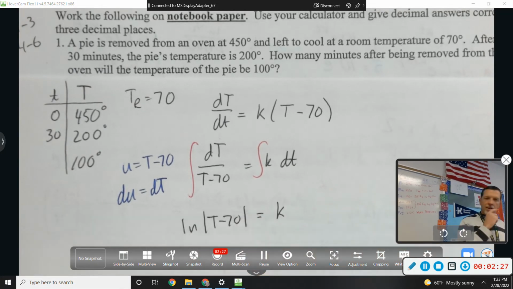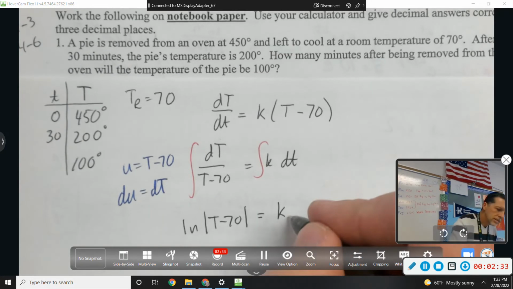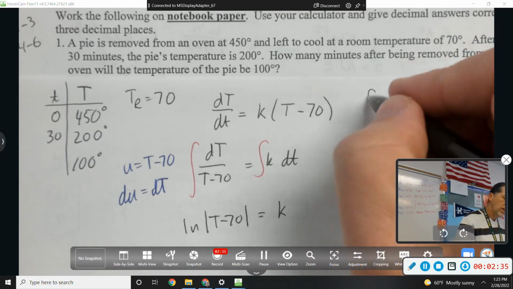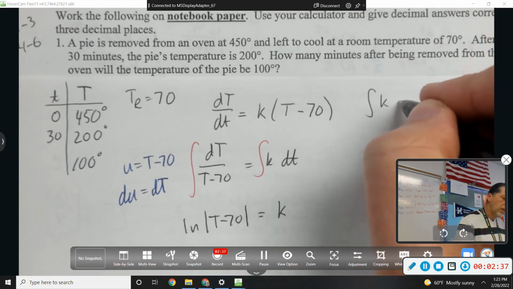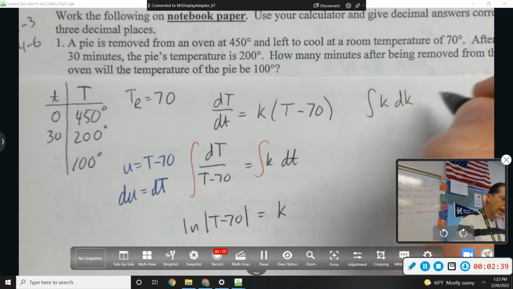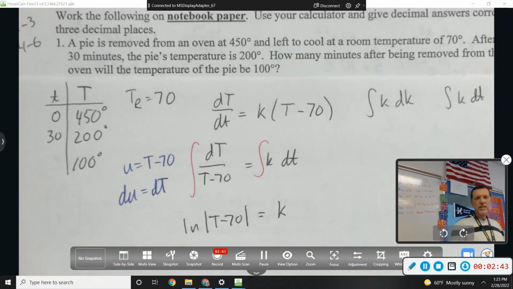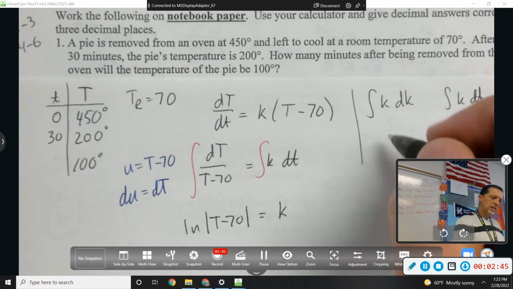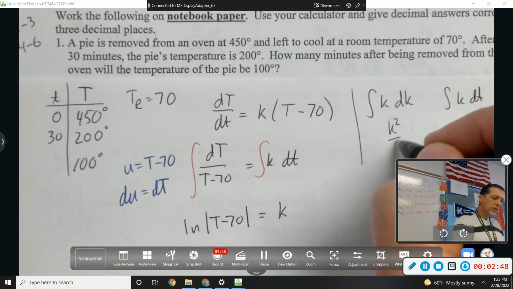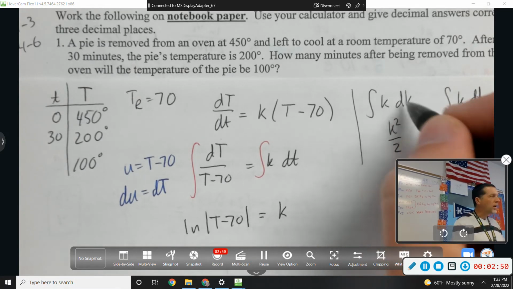And on the right side, what does the right-hand side become? Okay, be careful. There's a difference between the integral of k dk and the integral of k dt. The integral of k dk is k squared over 2. That's worried about k as the variable.